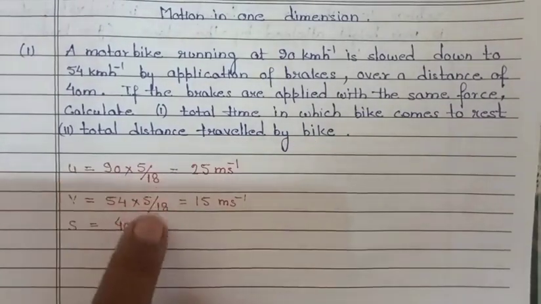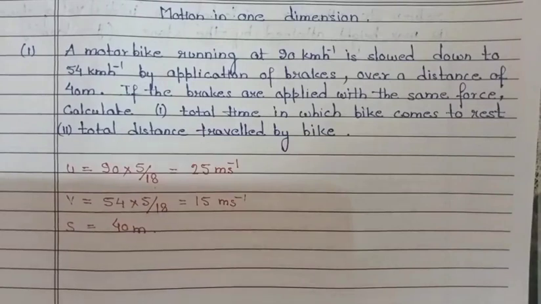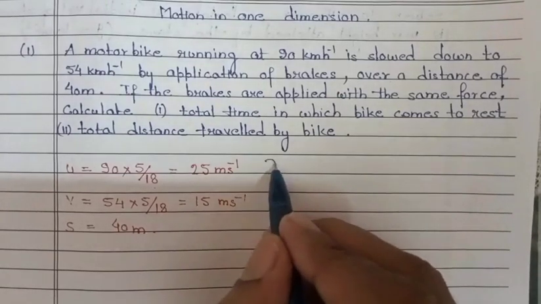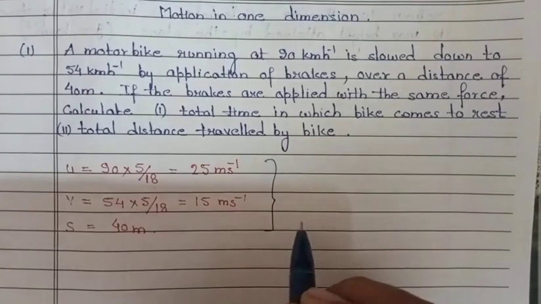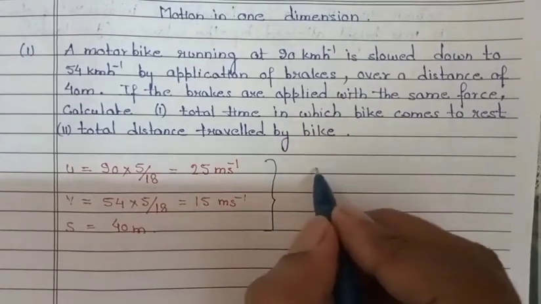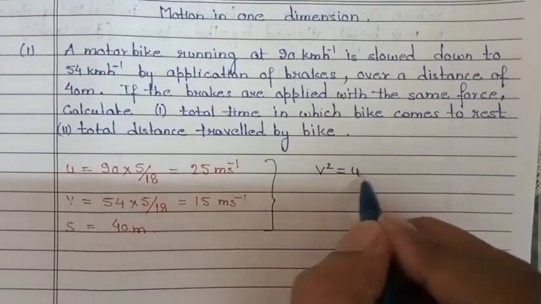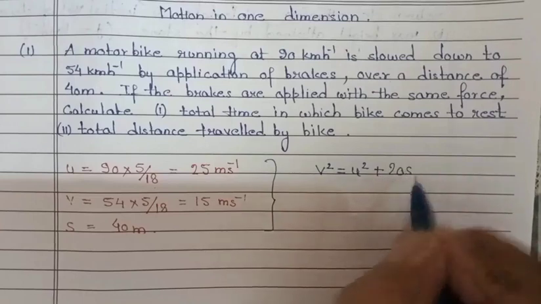Now from the information given here, first of all we will try to calculate the retardation produced in the bike. Using these three pieces of information, we will calculate its retardation. So we have v square is equal to u square plus 2as.